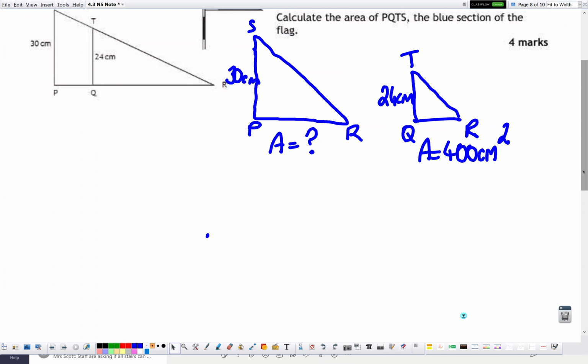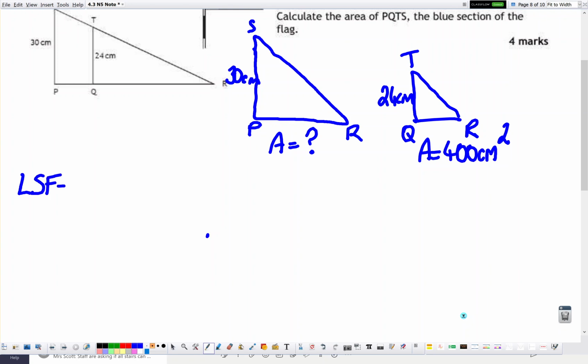First, we find the length scale factor: the new length divided by the old length, so the one with the unknown divided by the one where you know everything.